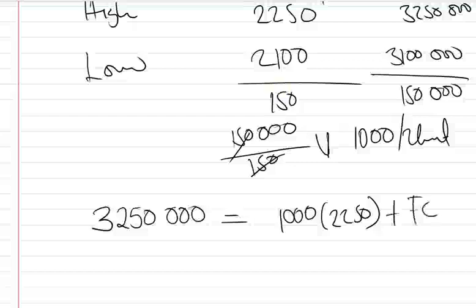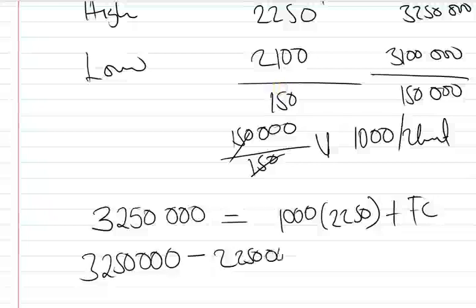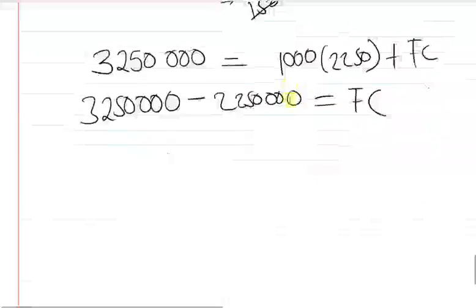When I multiply them, I should find 2,250,000. So 3,250,000 is equal to 2,250,000 plus fixed cost. If you subtract them, you should find 1 million. So the fixed cost is 1 million.